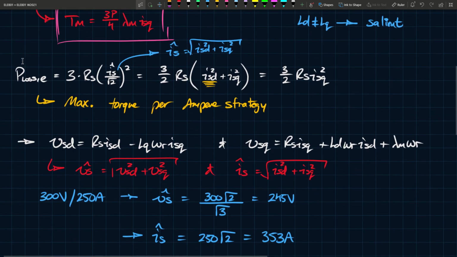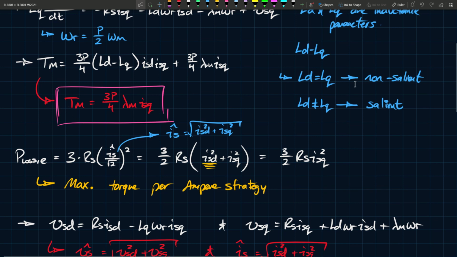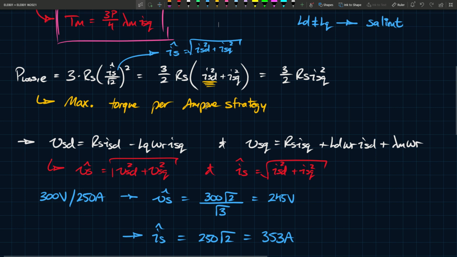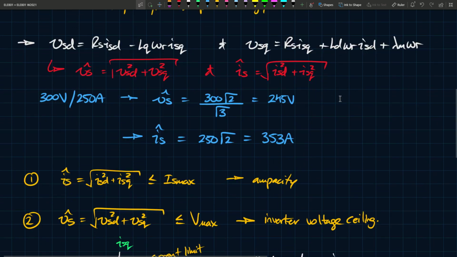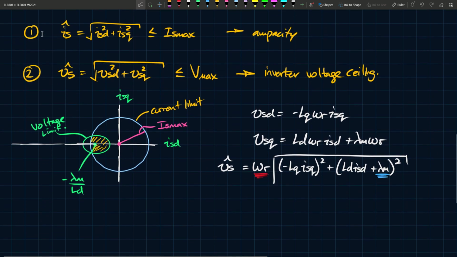Then we said that since the losses depend on ISD and ISQ, and ISD does not contribute to the torque in a non-salient machine, we can set ISD equal to 0, and we called that the max torque per ampere strategy. Then, based on the steady state equations, we can set some operating limits for the machine such that we can achieve field weakening if we want to.